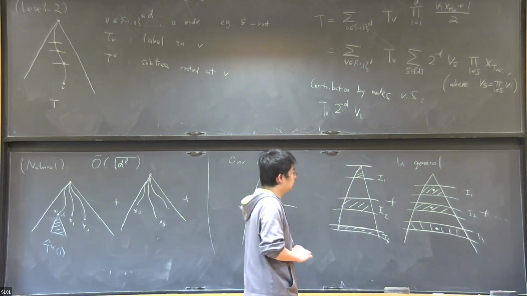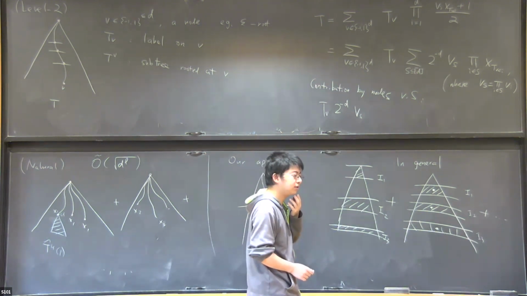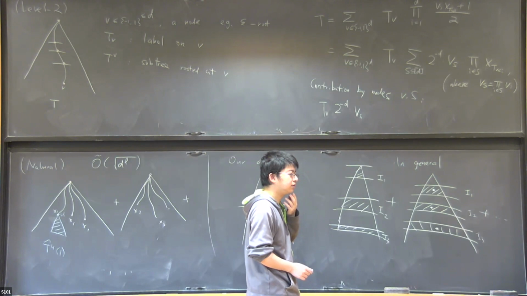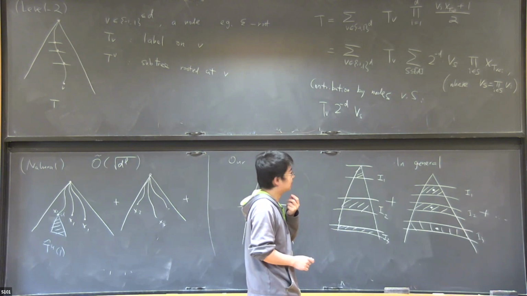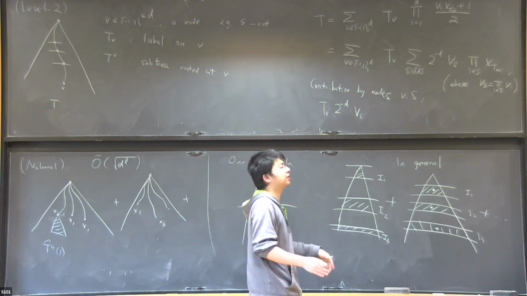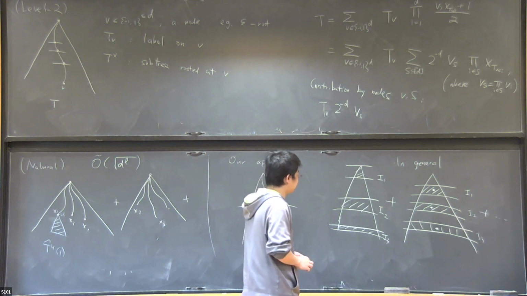Sorry? It is going to matter for the end result, like this logarithmic? No, the logarithmic won't matter. For the query complexity application, the logarithmic loss is fine. Okay.